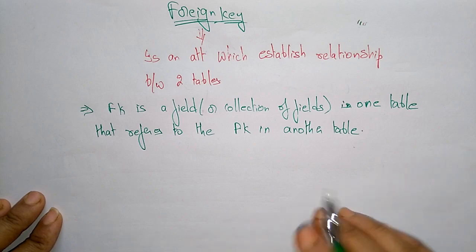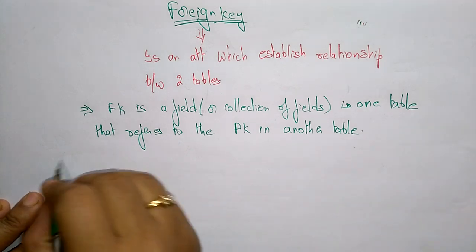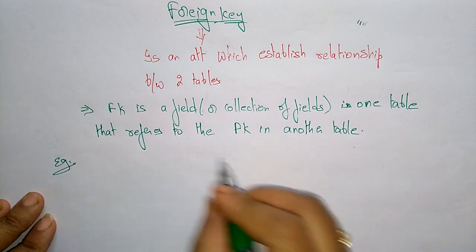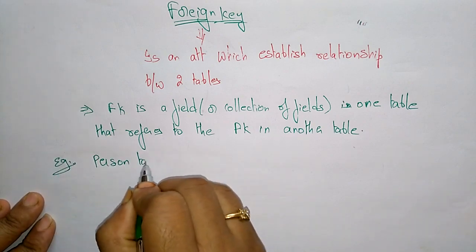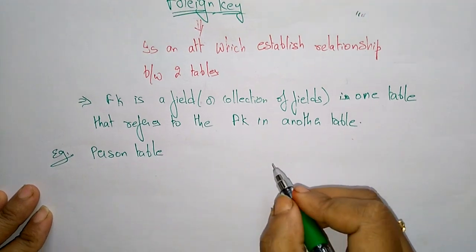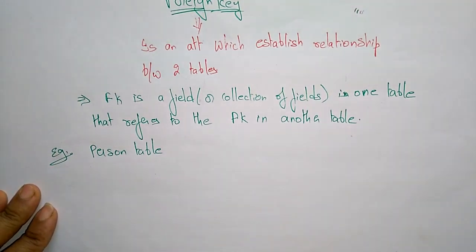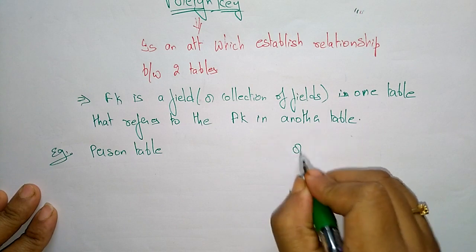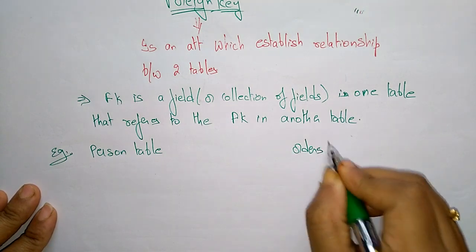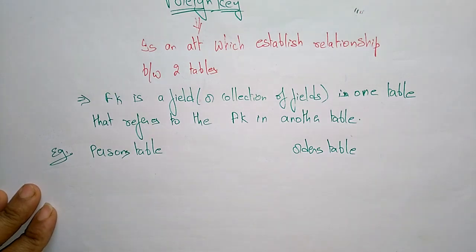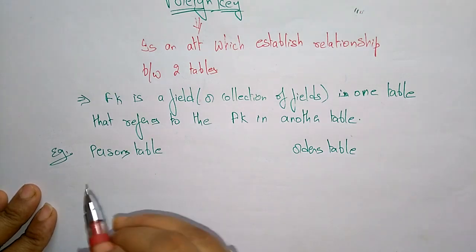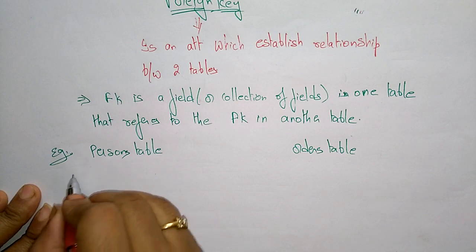So let me explain with an example, then you will understand what is a foreign key. Suppose this is a person table, the relation name is person, and I'm taking another table as the orders table. The persons table I call the parent table.